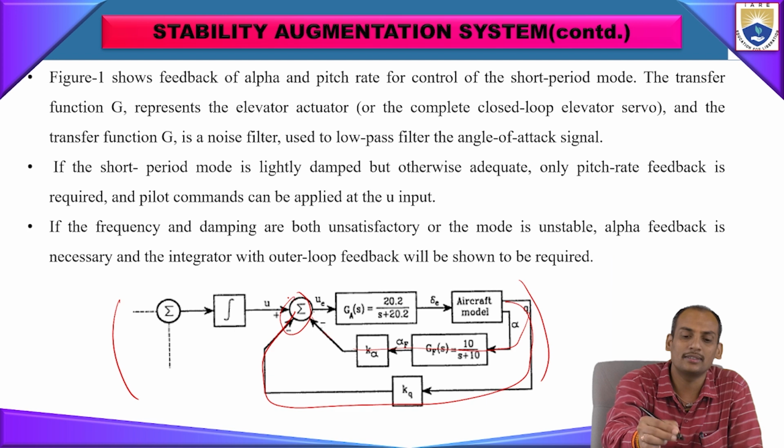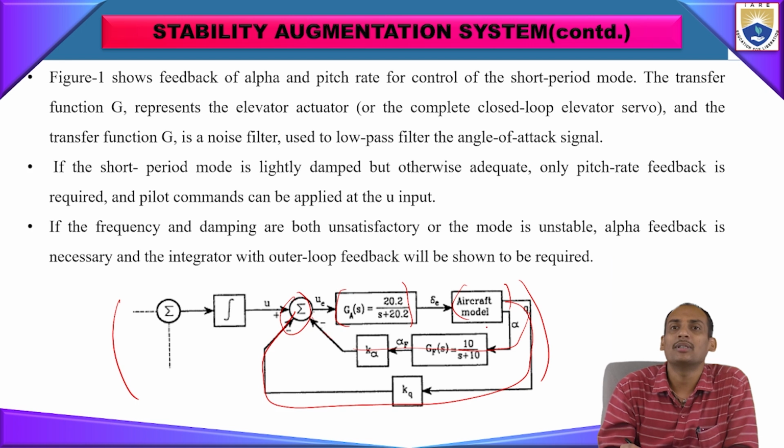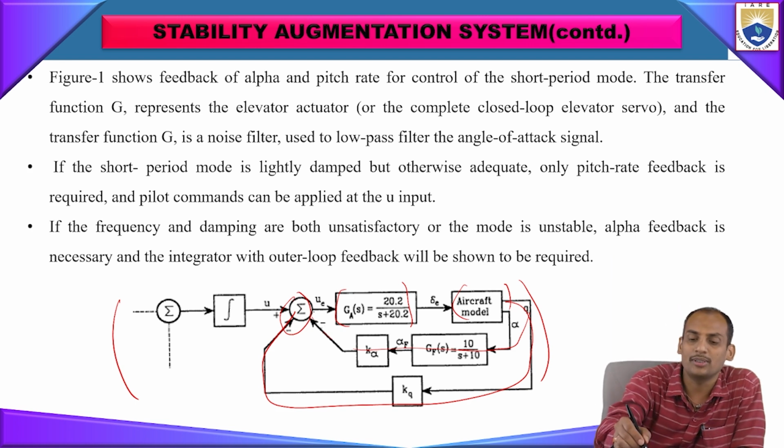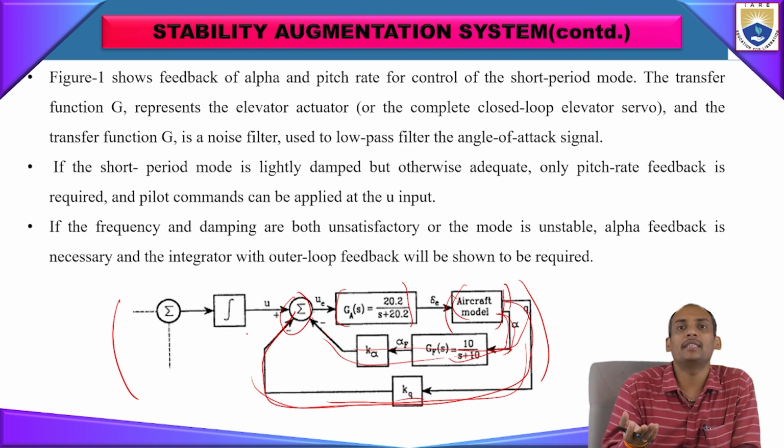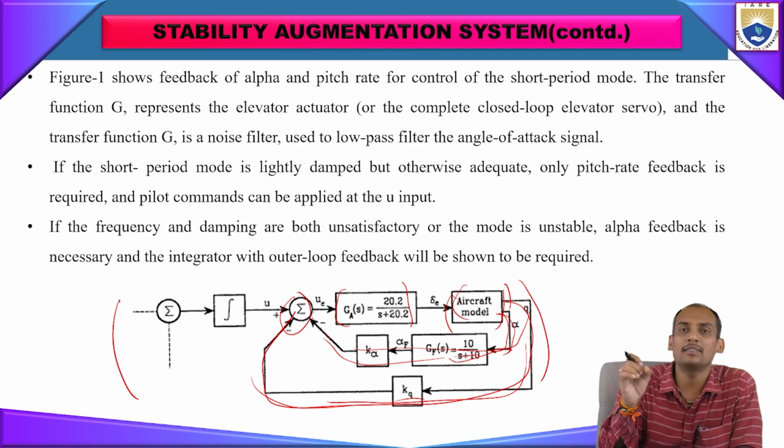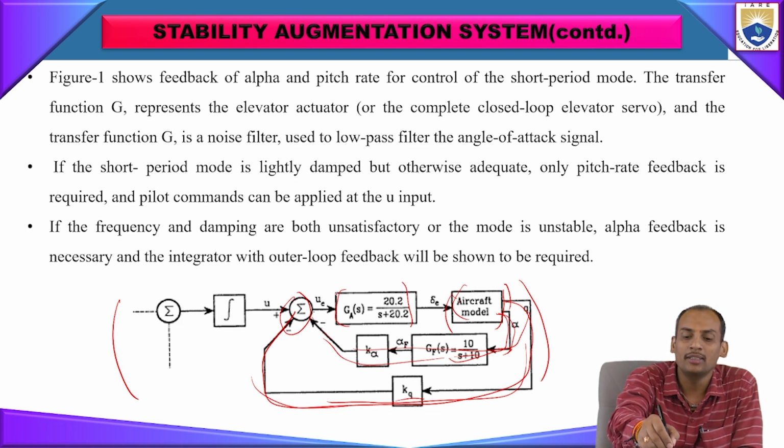Again, this is a summer, this is an integrator, and this is the aircraft control surface system. This is the alpha feedback system, and this is the pitch rate feedback system. The pitch rate feedback and alpha feedback are again summed into this transfer function.